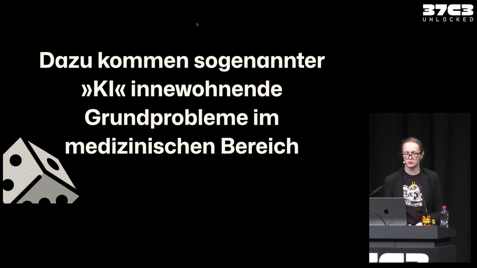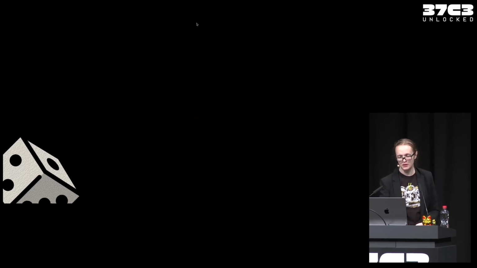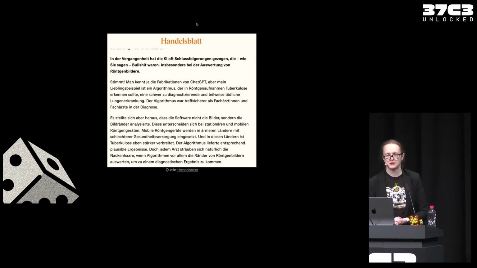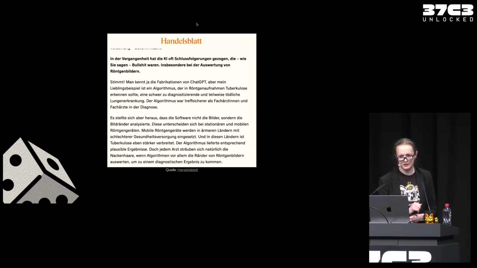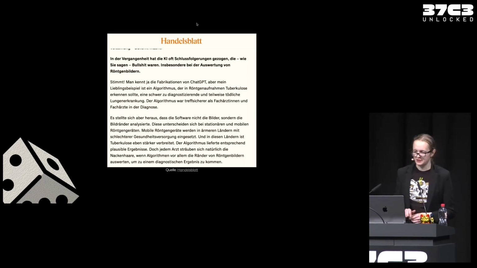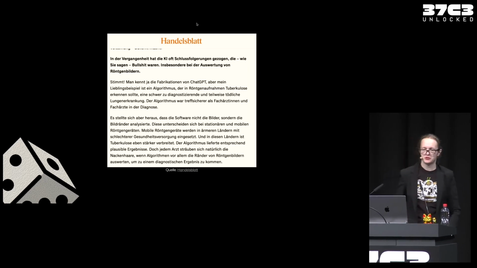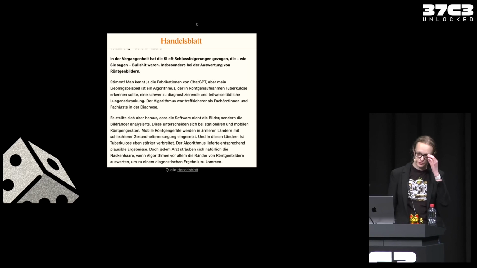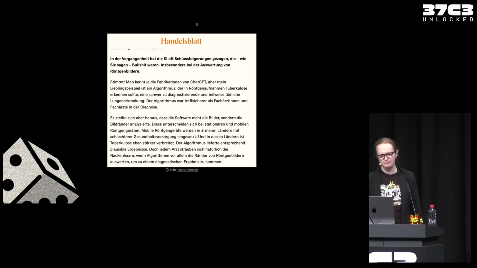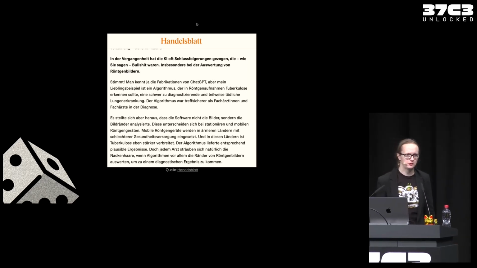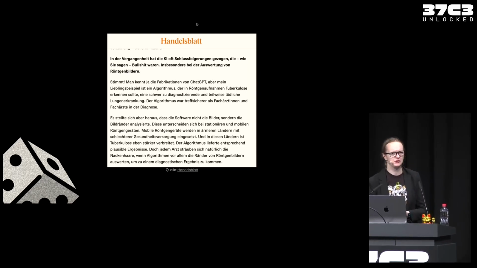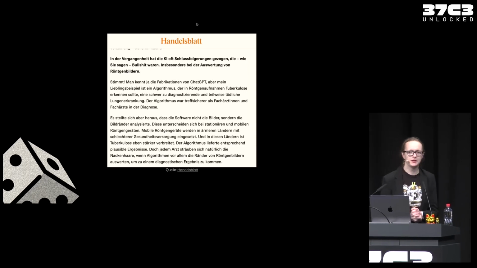So, additionally, we have the so-called general AI problems. Well, we have things like AI finds good correlations, but the causality is no good. And this is something from the German Ethics Council. They're talking about tuberculosis in X-rays, and they've found out that it doesn't really work. There is a really weird bias going on.